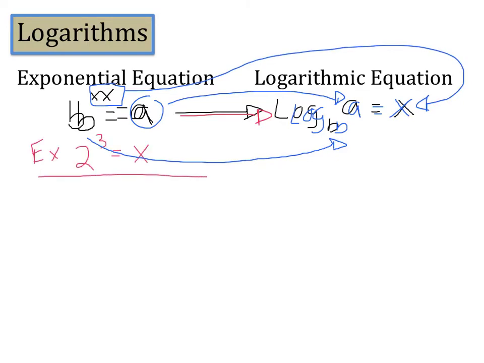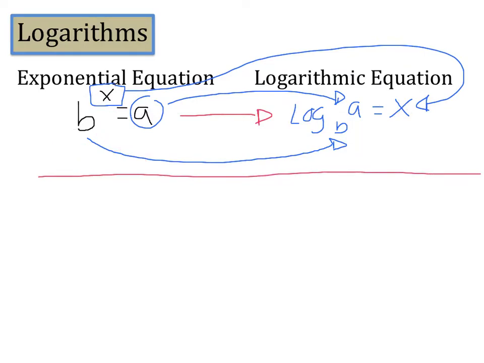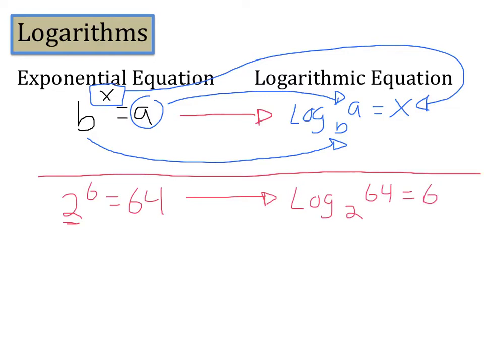So I'll just write a line here, separate it. For example, if we had 2 raised to the 6 equals 64, the way to write that in logarithmic form is to figure out, well, the base is 2, so I know I'm going to be writing log base 2 of 64 equals 6.